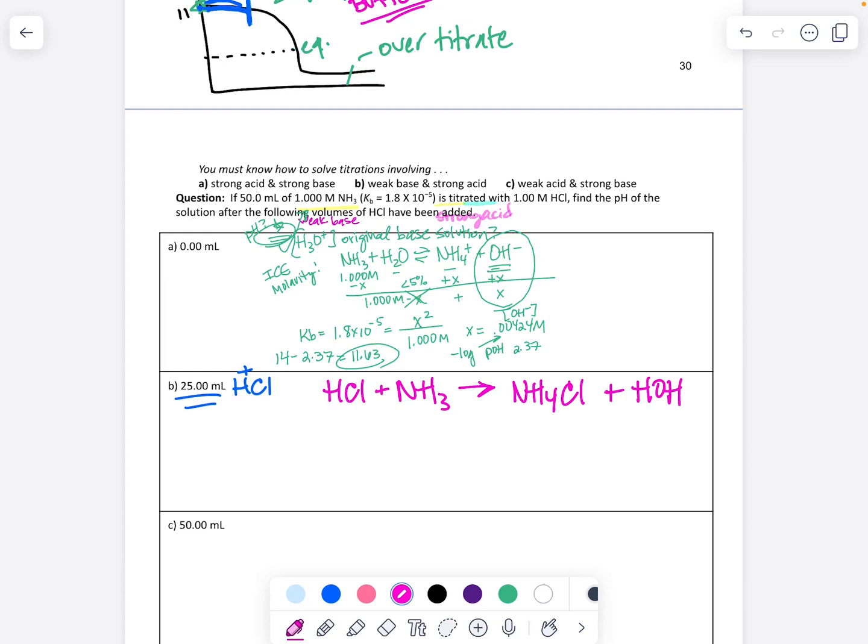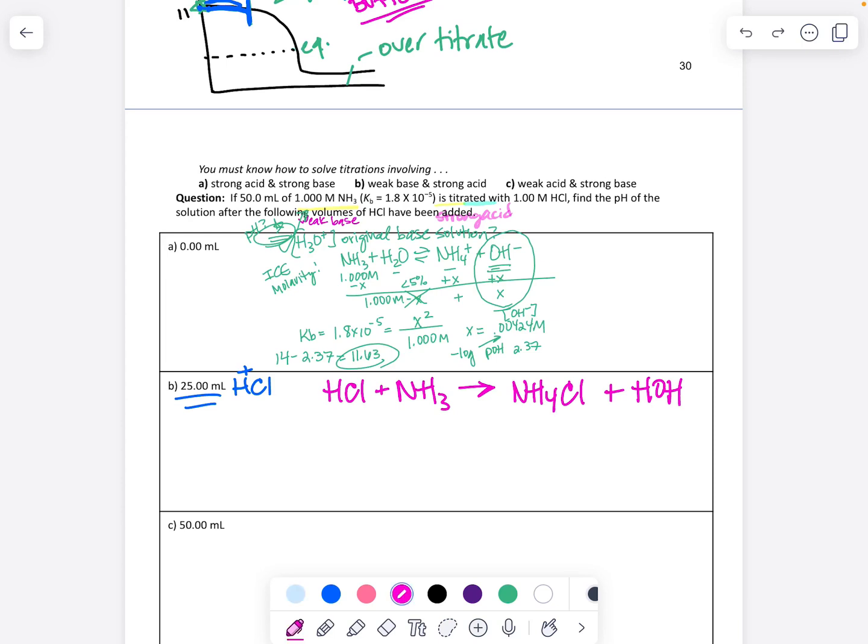Sometimes you'll see that we leave out our Cl minus because it's a spectator ion, and we leave out our water because it's not really part of our neutralization calculation. But for now, I'm going to leave it.